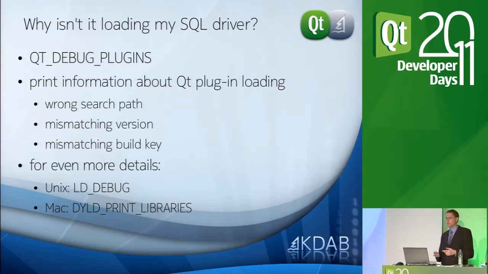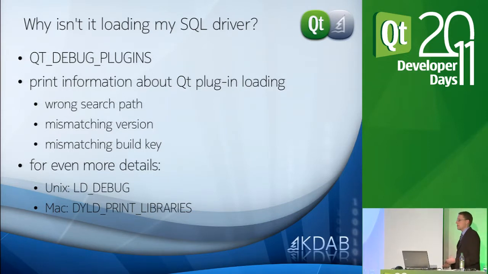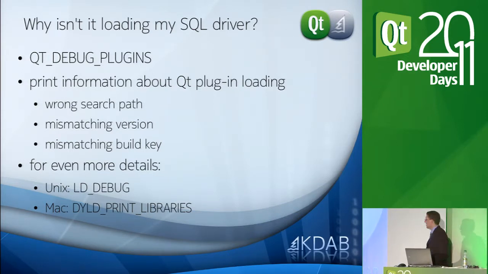So if you switched from a debug to a release Qt but didn't update your driver, or you built your driver in the wrong mode, then Qt will also not pick it up. And unfortunately, it doesn't really give you a lot of diagnostics on why. Unless you set QT_DEBUG_PLUGINS to 1 and run your application, and then it will print a lot of debug output on what it does with plugins.